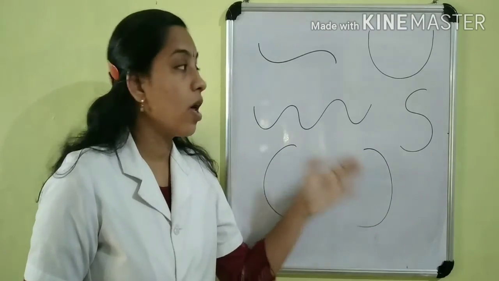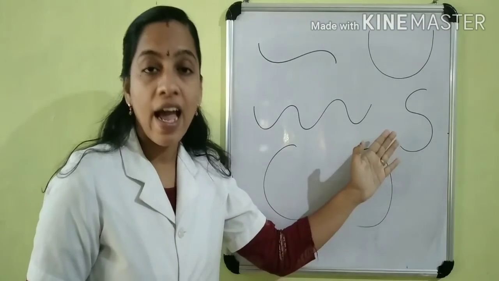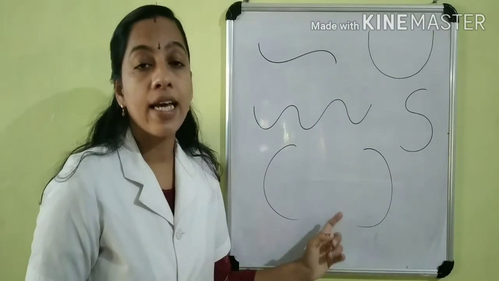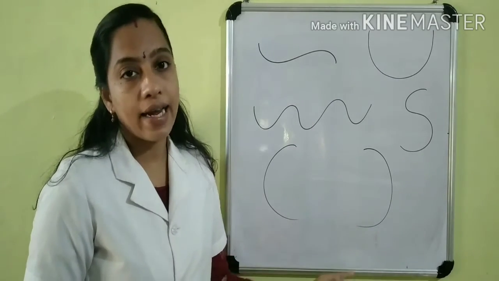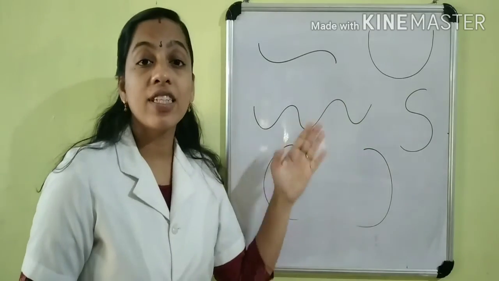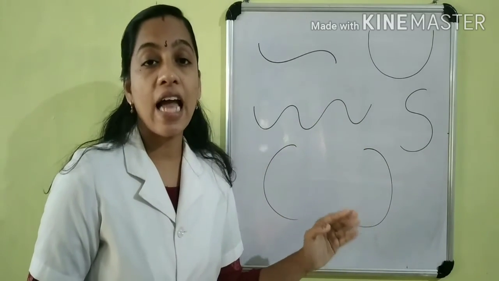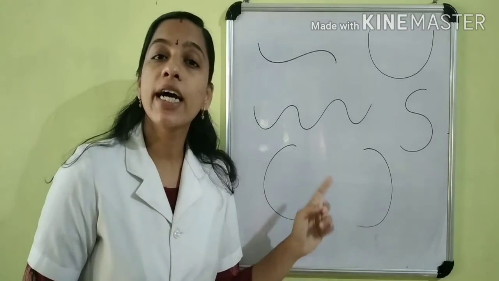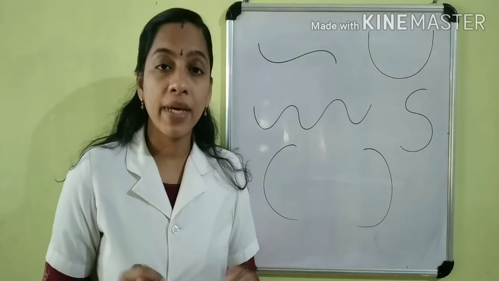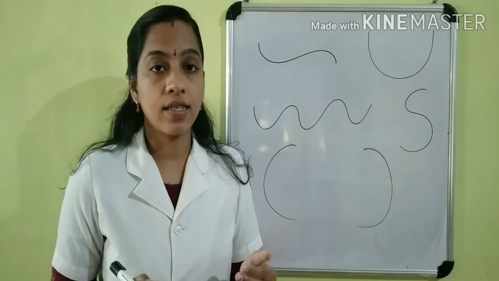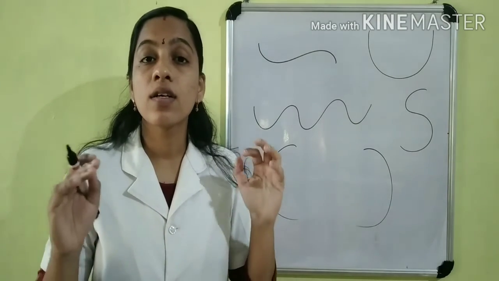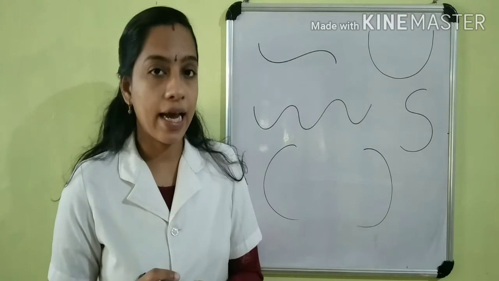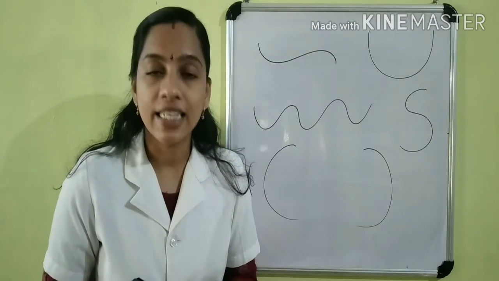So these lines which are not straight and which have some bends or curves in them are called curved lines. Tell me, what is a curved line? Yes, a line which has some bends or curves is called a curved line. Is it clear children? Yes.